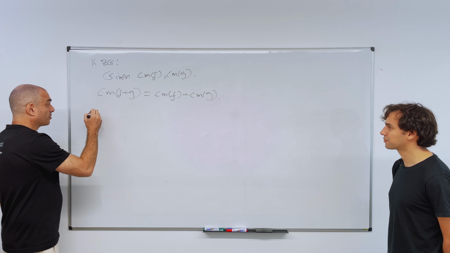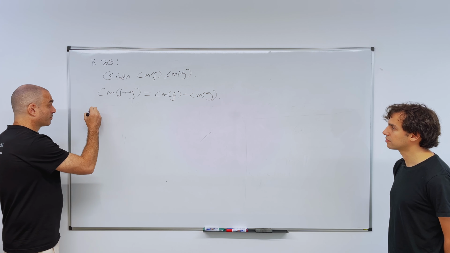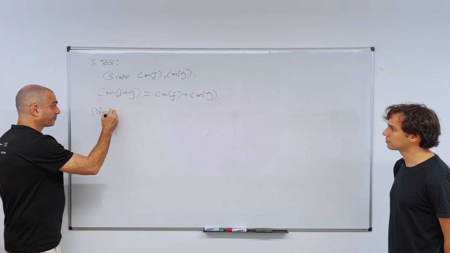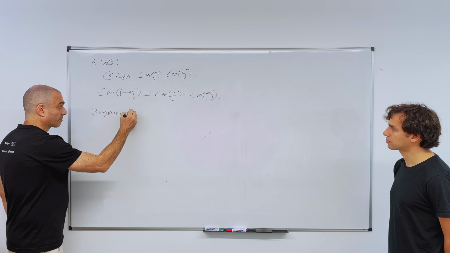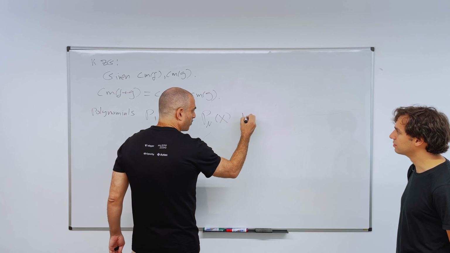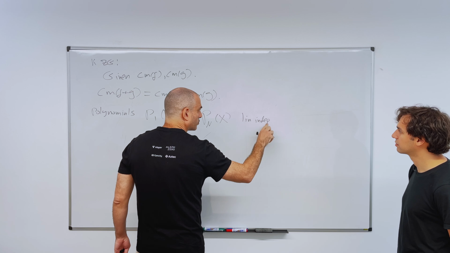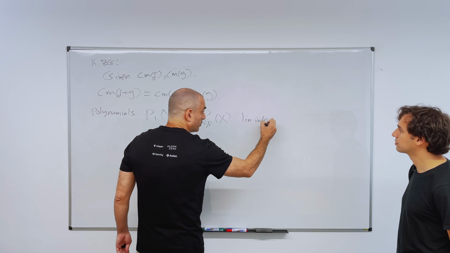Suppose I have some set of polynomials. Let's call them P1 up to PN, let me use big N here. And let's just assume that these polynomials are linearly independent, though it's not crucial for what I'm going to say next, but they always will be.